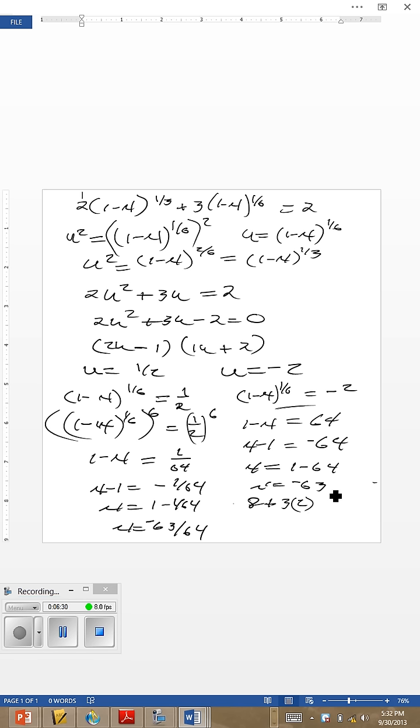So this one, as I thought, was suspicious, and is not going to be the answer. I would leave it for you to show that the other value is the solution. And that should do it for this problem.